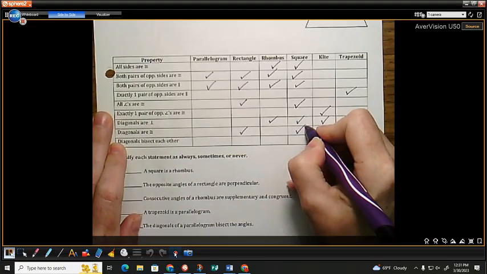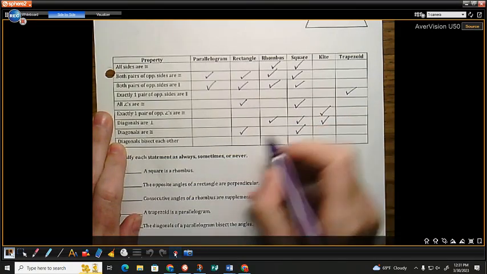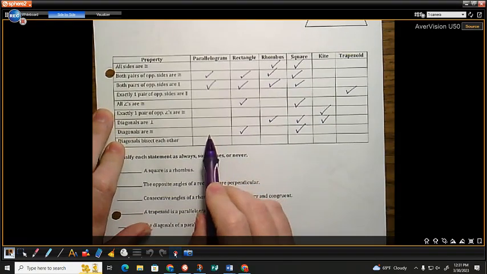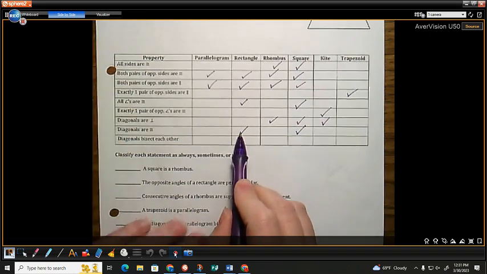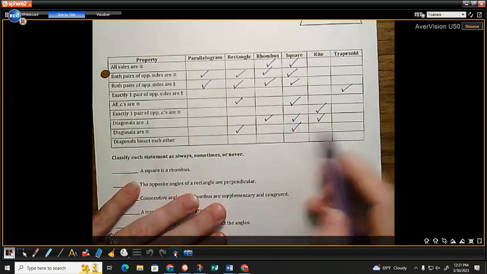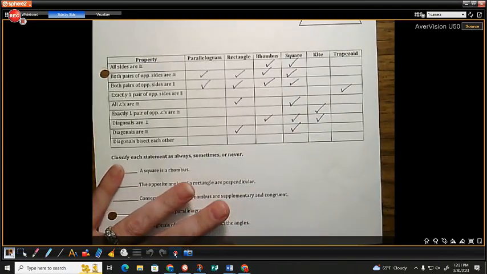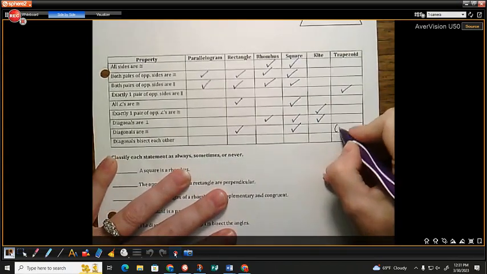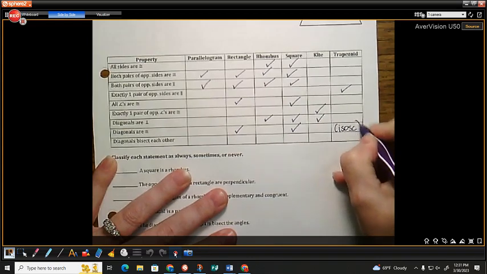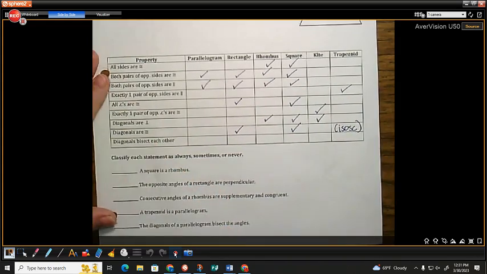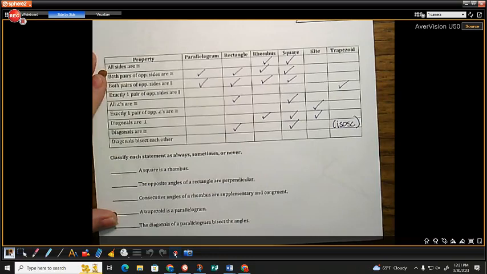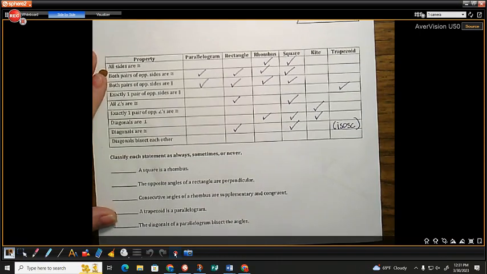What about a parallelogram? Does every parallelogram have congruent diagonals? No, it's just the ones with right angles. And then trapezoid. Are all the trapezoids going to do it? Oh, no. How about we just say only the isosceles trapezoids will have congruent diagonals? Okay.